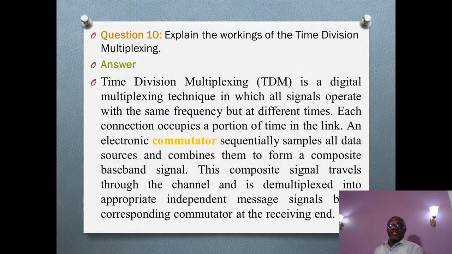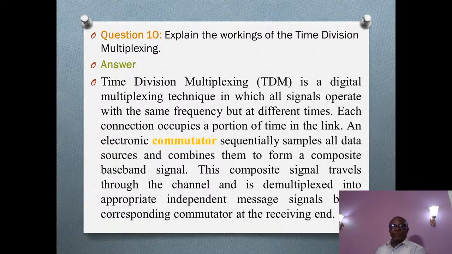Question 10, explain the workings of time division multiplexing. Time division multiplexing, TDM, is a digital multiplexing technique in which all signals operate with the same frequency but at different times. Each connection occupies a portion of time in the link.